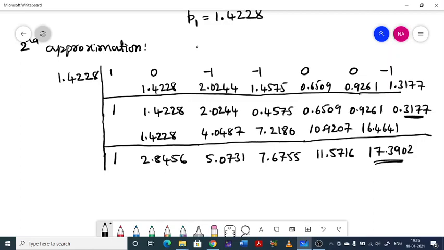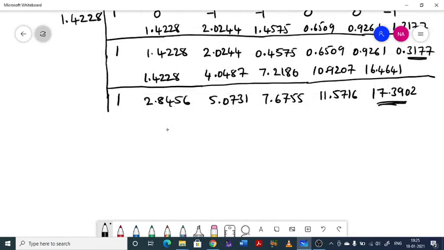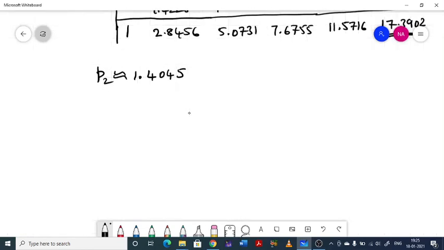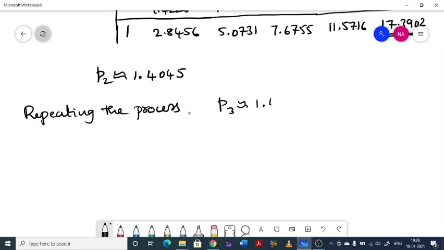This is Bn and this one is Cn minus 1. So you can compute P2, it will be approximately 1.4045. So repeating the process, you get P3, that is approximately 1.4036.